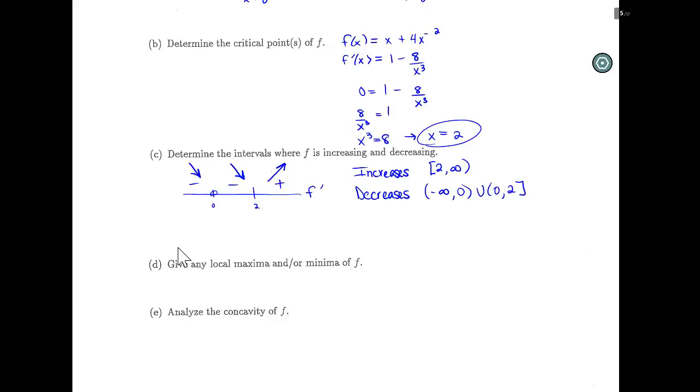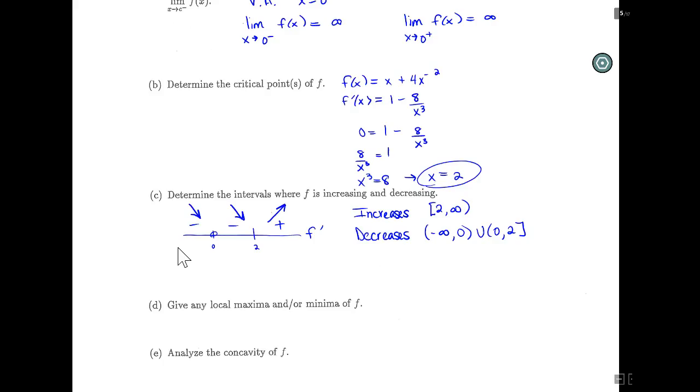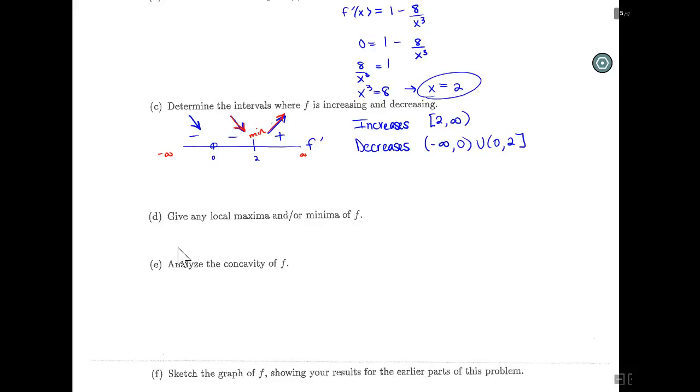Okay, local maxima or minima. Well, keep in mind that it went from negative infinity to infinity. So the reason I like to do this little number line is then I can just kind of see, basically because it goes down and then it goes up, there's a minimum here. And there is no maximum because it goes to infinity, and the end behavior both goes to positive infinity.